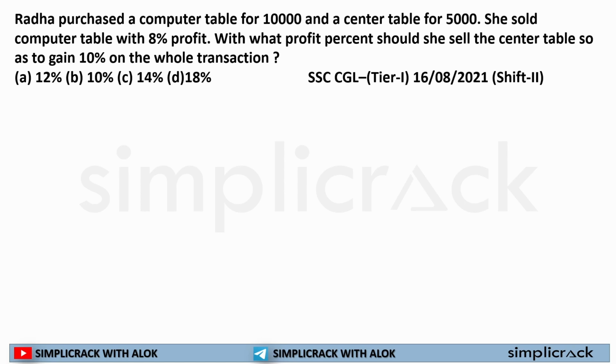Radha purchased a computer table for 10,000 and a center table for 5,000. Now there are two things. So computer table, cost price 10,000 because he purchased it for 10,000 and he sold it at profit percentage 8%.